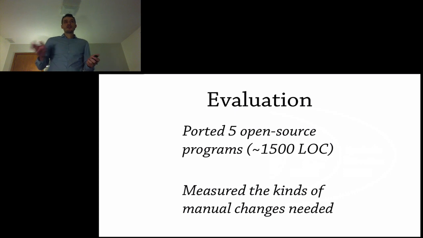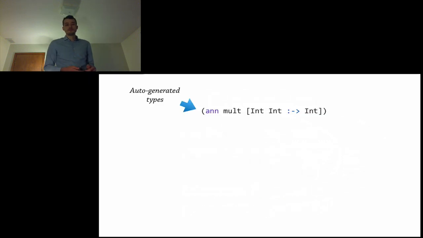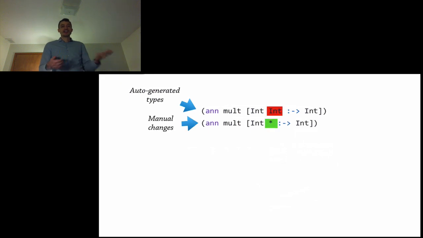So I evaluated this workflow by porting 5 open source programs from Clojure to Typed Clojure. Then I measured the kinds of manual changes that were needed to make sure that it wasn't too difficult. So for example, here's the automatically generated type for this function called mult. And here's what I actually wanted it to be.